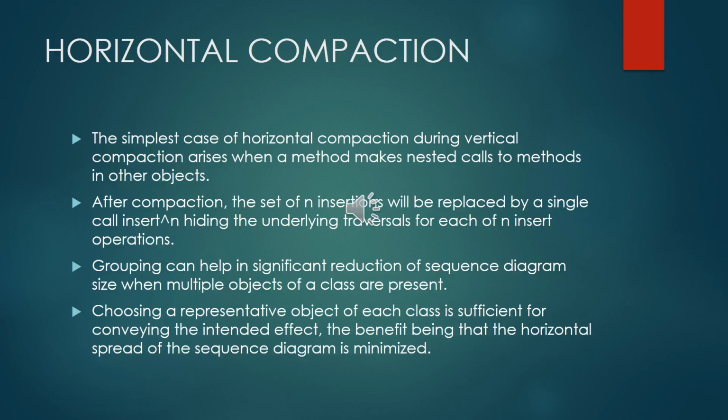Grouping can result in a significant reduction of sequence diagram size when multiple objects of a class are present. Choosing a representative object of each class is sufficient for conveying the intended effect. The benefit being that the horizontal spread of the sequence diagram is minimized.